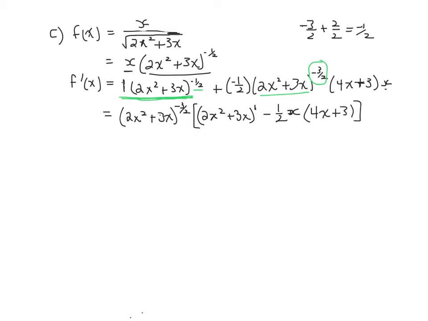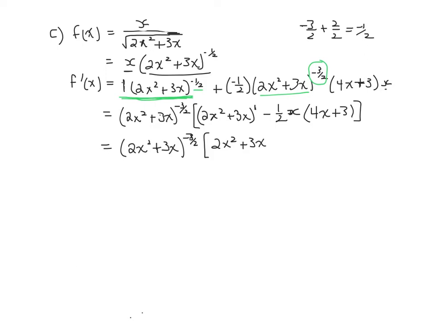Okay, from here I am going to expand and simplify some things. I'm going to keep that factor of (2x squared plus 3x) to the negative 3/2 here for now, and then I am going to expand and simplify what I have in the brackets.